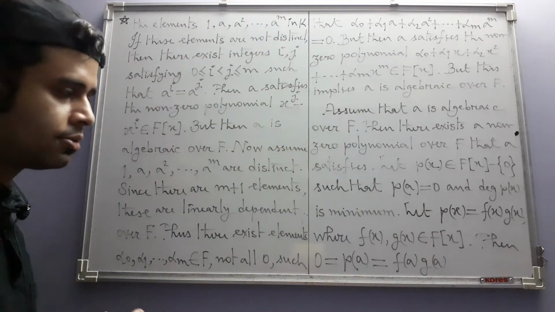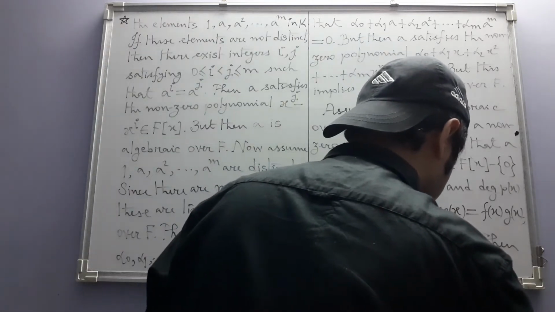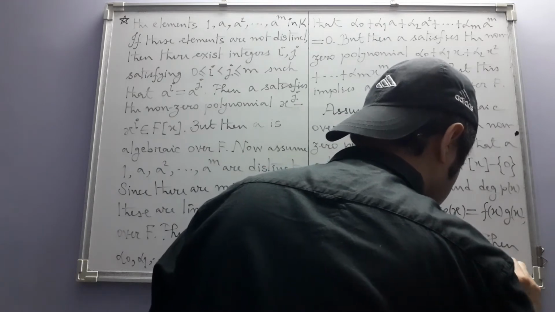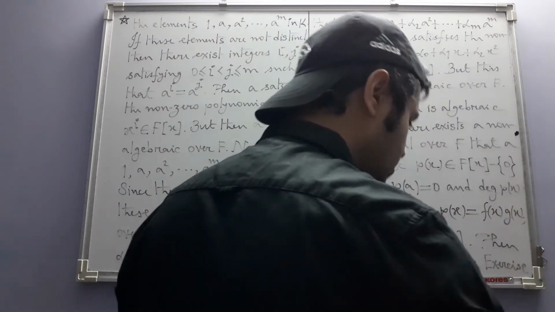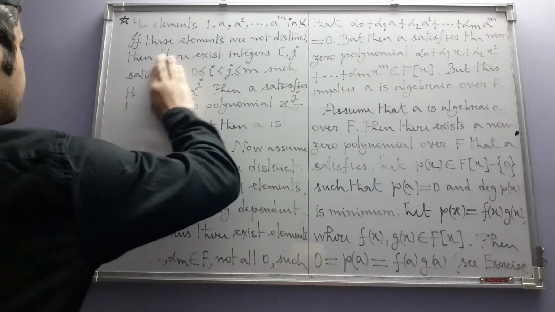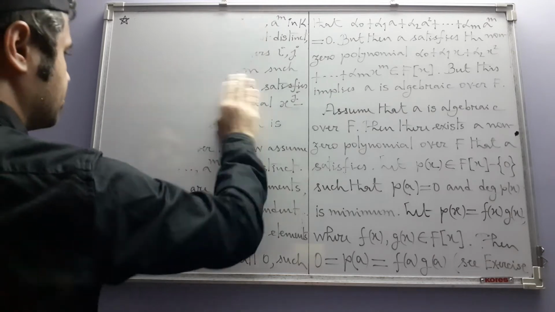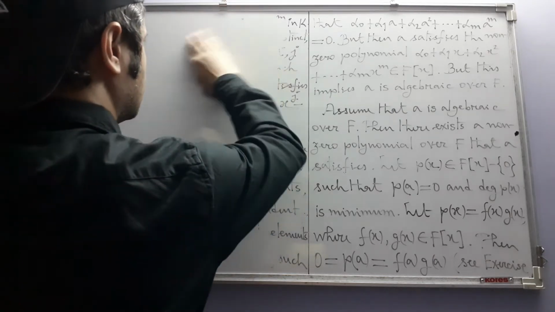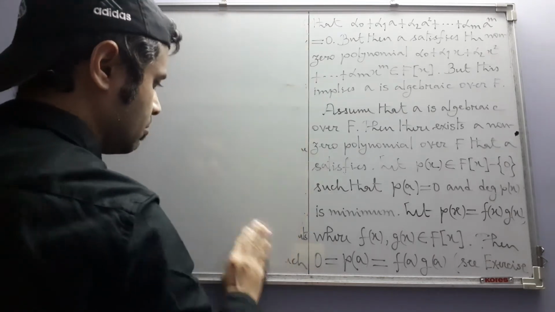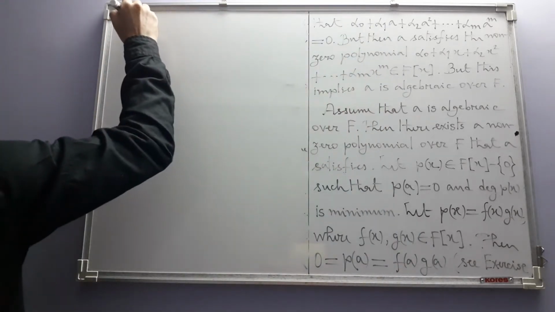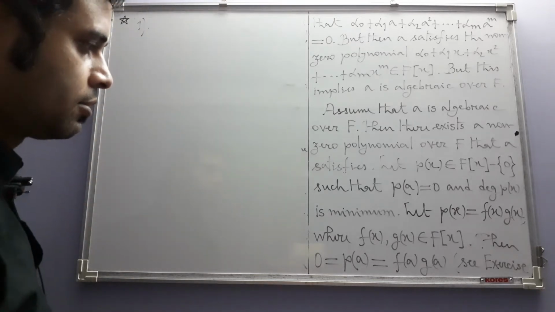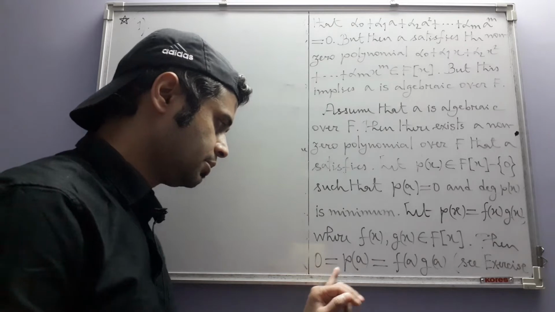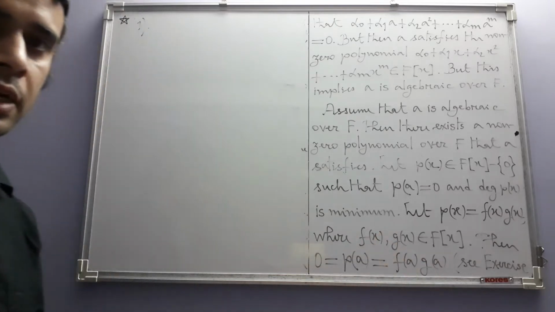Exactly why this is true, we will see in exercise 1 at the end of this section. See exercise 1. Now look at this equation: 0 equals Fa times Ga.